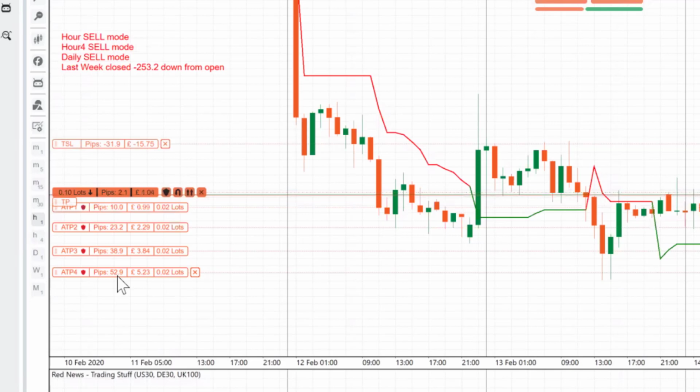So if I were to list all of that in a spreadsheet, it would look like I've made 110 pips, whereas as far as I'm concerned, in reality, that is only 53 pips because it's all part of one trade.